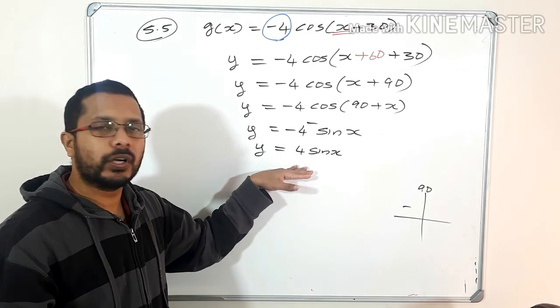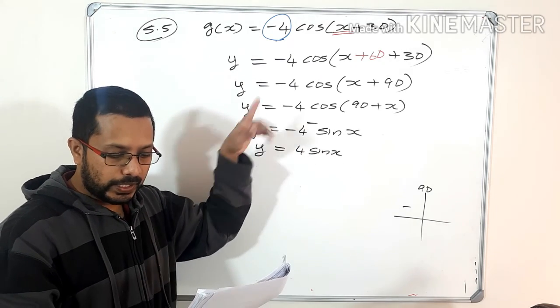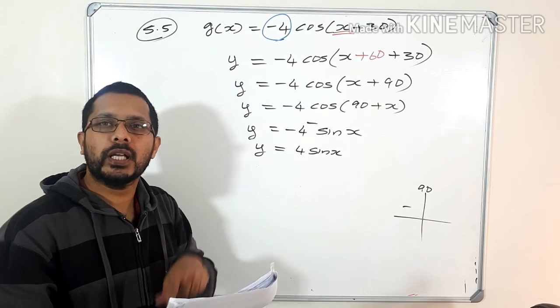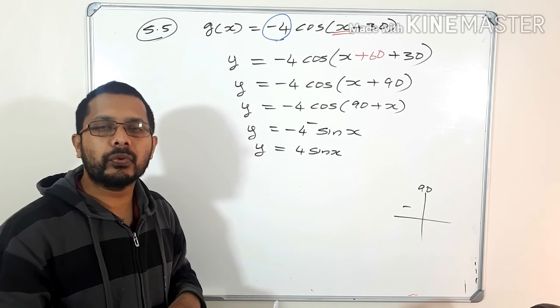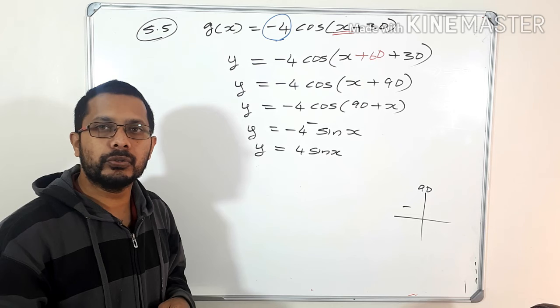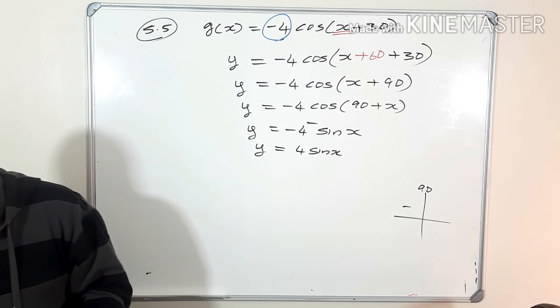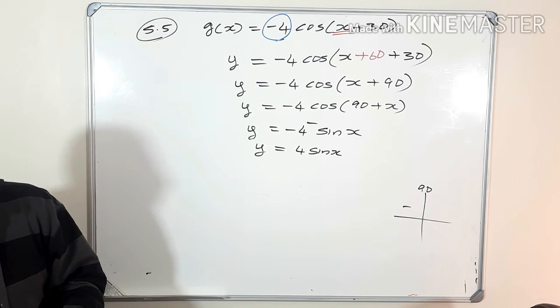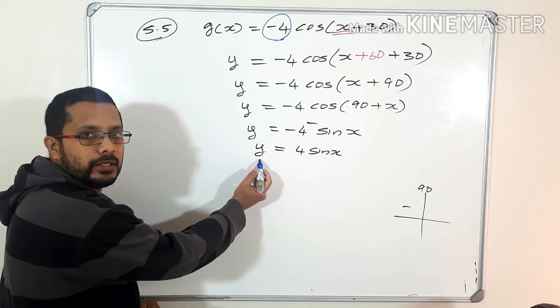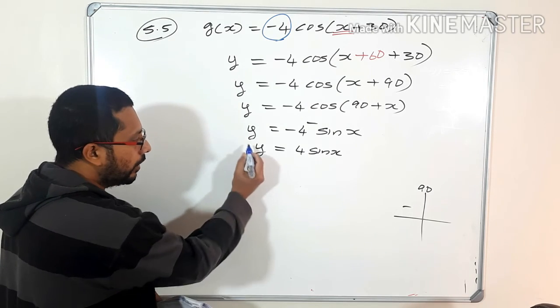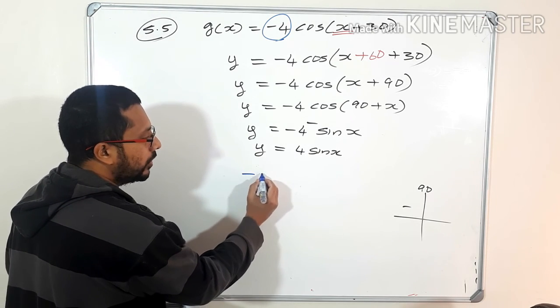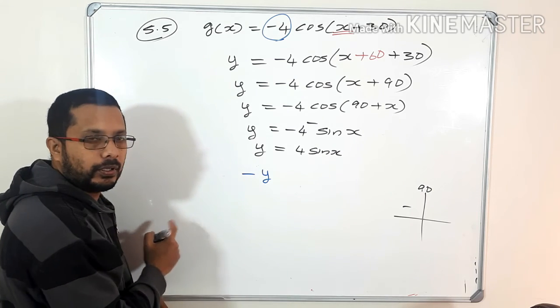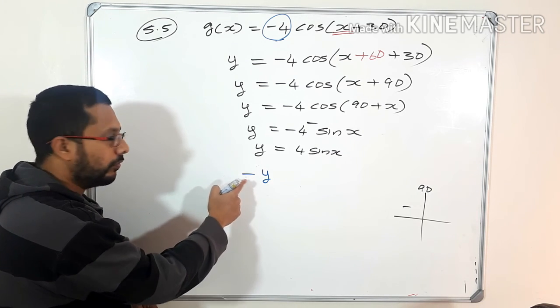So this graph, what they are saying, and then reflected about the x-axis. If a graph is reflected about the x-axis, what you studied in your school, it means you have to change the sign of y. So here look at what I am going to do, I am going to change the sign of y. This y becomes minus y. Why?